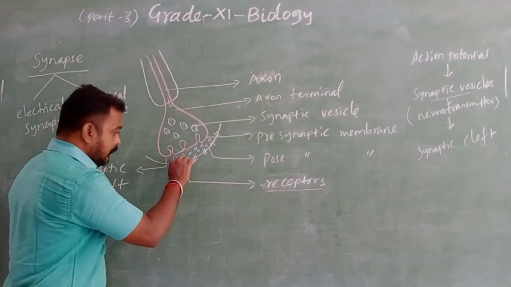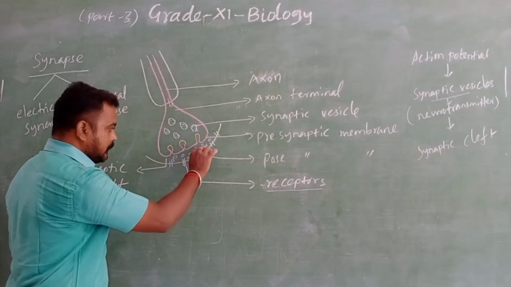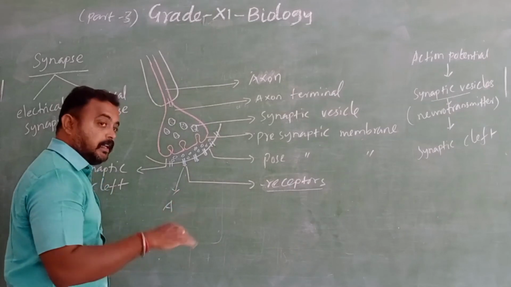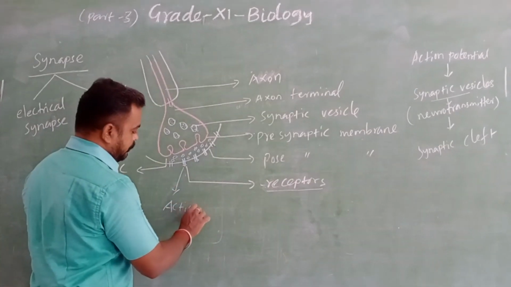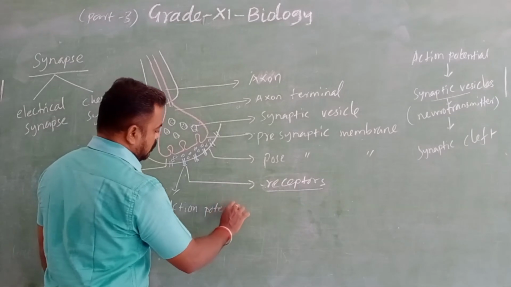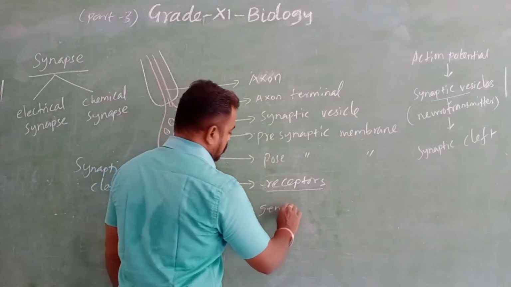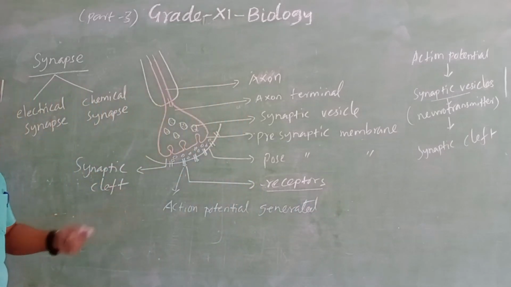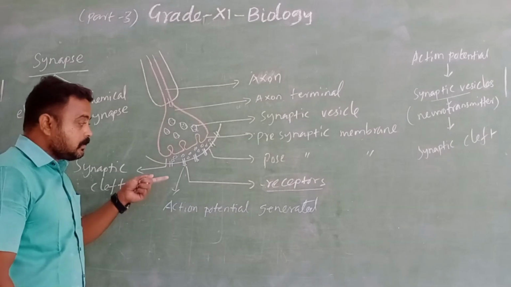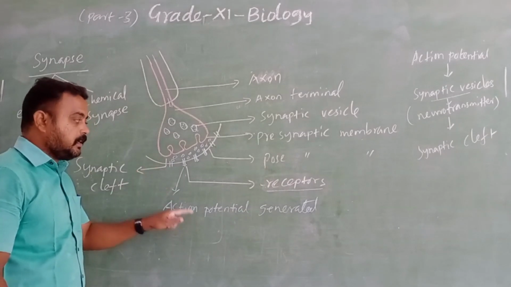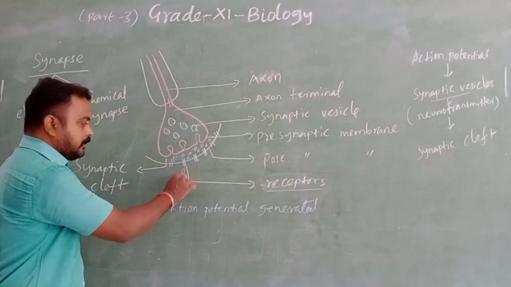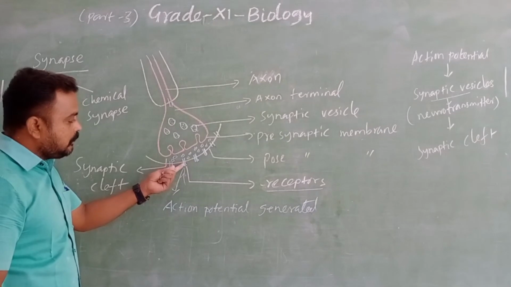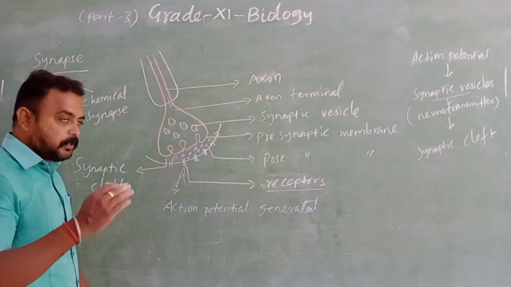Then when it enters the receptors, the action potential will be generated in the next neuron. Just imagine, when the neurotransmitter is received by the receptors, action potential is started.